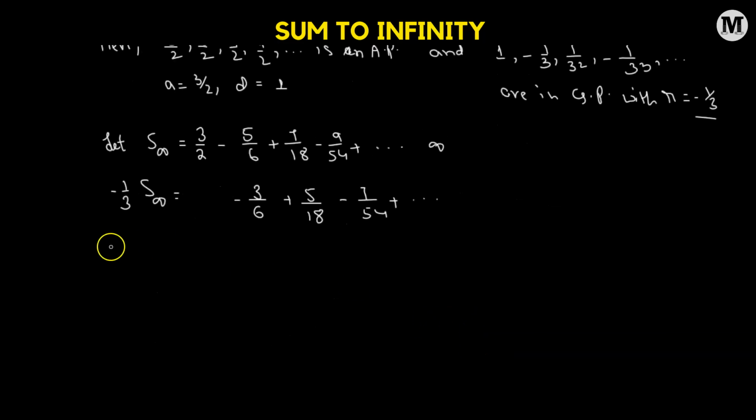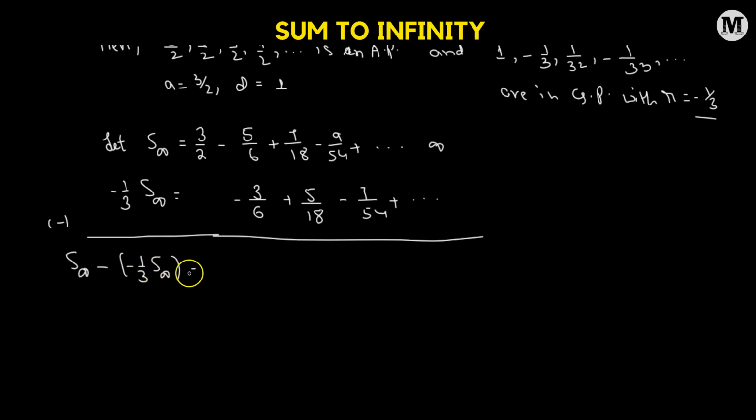Now we're going to perform a subtraction here. We will take the sum to infinite terms, and from it subtract negative 1 over 3 of the sum to infinite terms. On the right hand side we have 3 over 2. Now negative 5 over 6 minus negative 3 over 6 is going to give us negative 2 over 6.